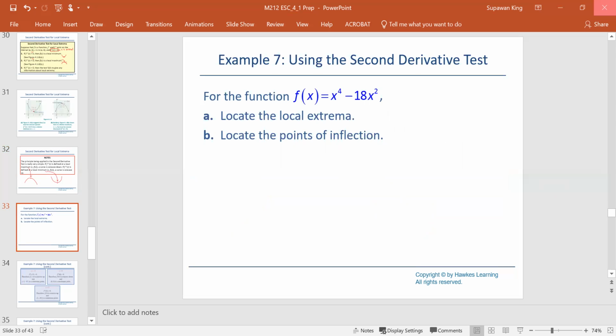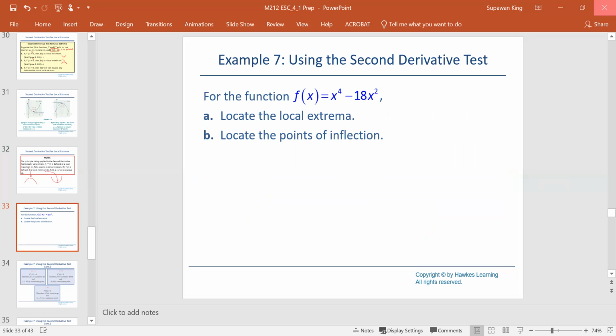In this example, the function f of x equals x to the fourth minus 18x squared. Part A, locate the local extrema. Part B, locate the points of inflection. Locate the local extrema using the second derivative test.